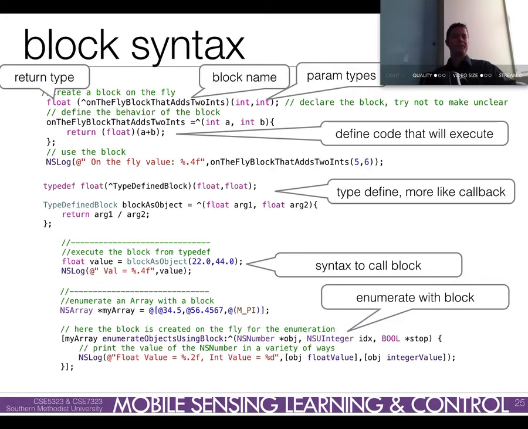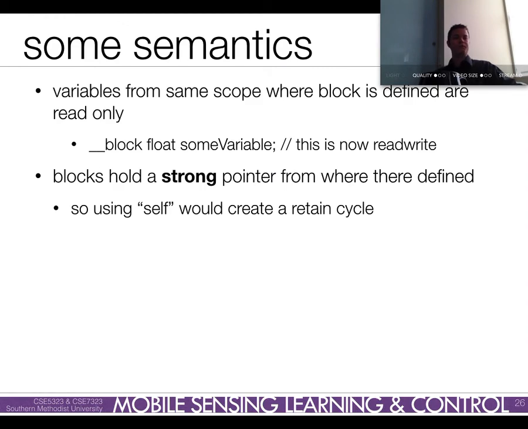All right. So enumerate with block. Some semantics of using a block in your code. I mentioned this before, and I want to kind of ingrain it here. Variables from where I define that block, you can use those variables. So let's say I had some global float value, x equals 5, right? Inside of my block, I can use x. I can read from it.